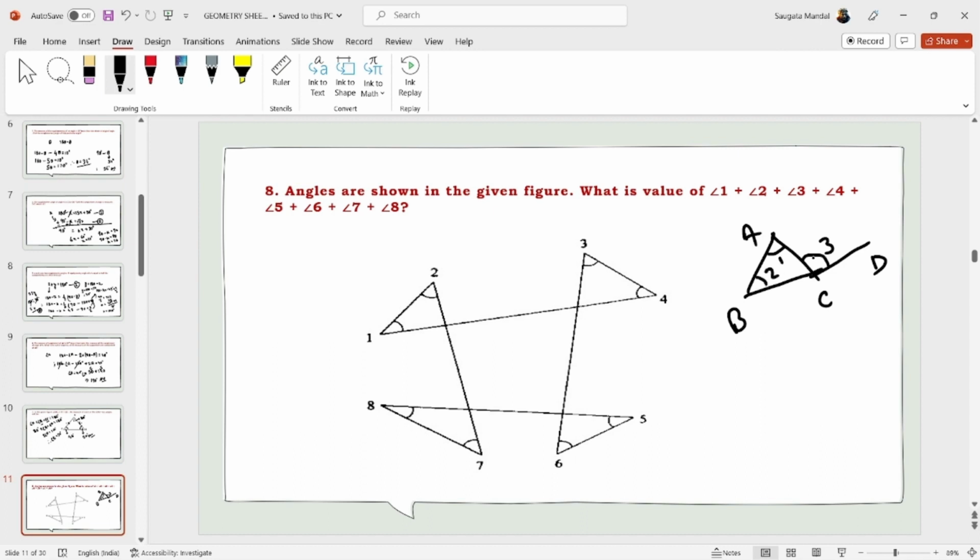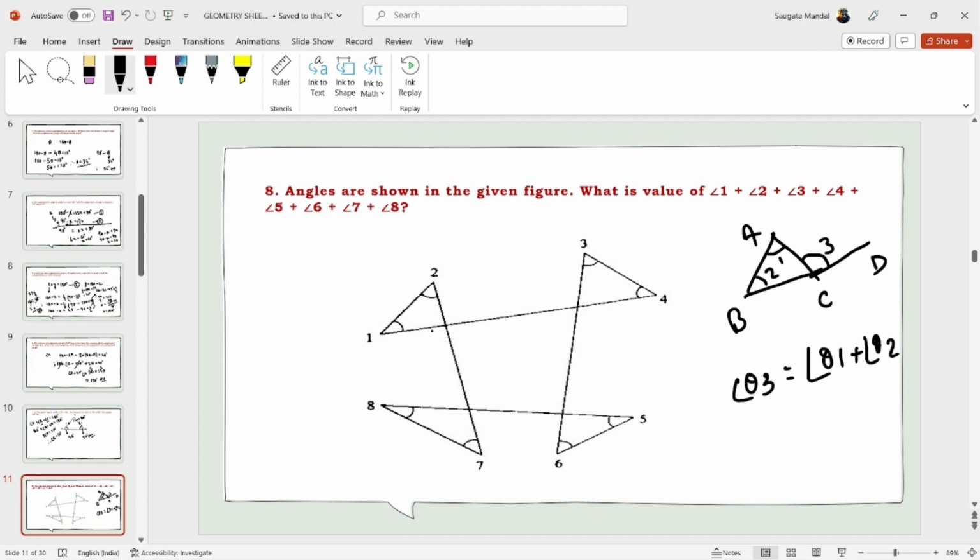This angle theta 3 is always equal to the sum of theta 1 and theta 2. That means angle theta 3 is always equal to theta 1 plus theta 2.